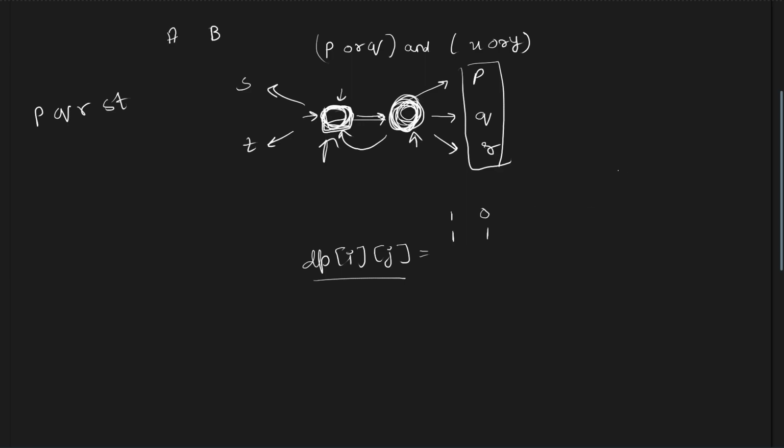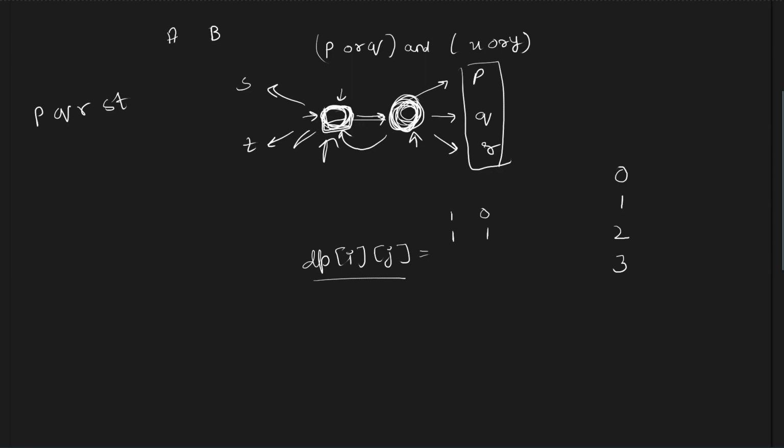If you can reach none of the oceans, the answer for DP of i, j will be 0. If you can reach only the Indian Ocean, DP of i, j will be 1. If you can reach only the Arabian Sea, DP of i, j will be 2. If you can reach both of them, DP of i, j will be 3. So I've used some bits here to simplify the way we write this, right?